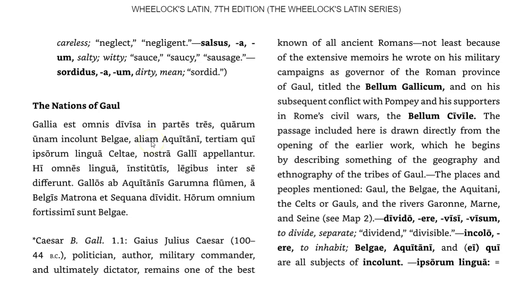The other, in other words, the other part, the Aquitani, and we can keep that as the Aquitani. That was the name of the group. The third of which, so the third part, so there's three. You got the Belgae, the Aquitani, and the Celtae are the three competing tribes for this region, so to speak.